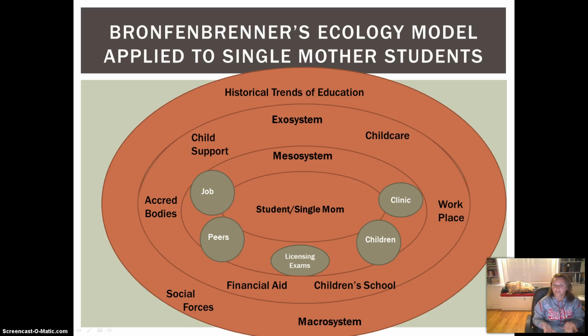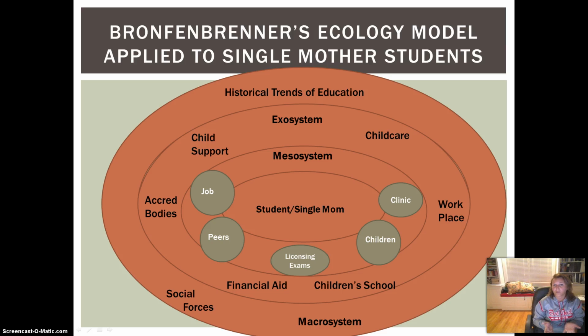How does the student react to that? How do they deal with that additional stress? Financial aid. Making sure there's no interruption in their financial aid. Child support. That could definitely influence their success if the child support isn't coming in for the child. Also, the accreditation body.